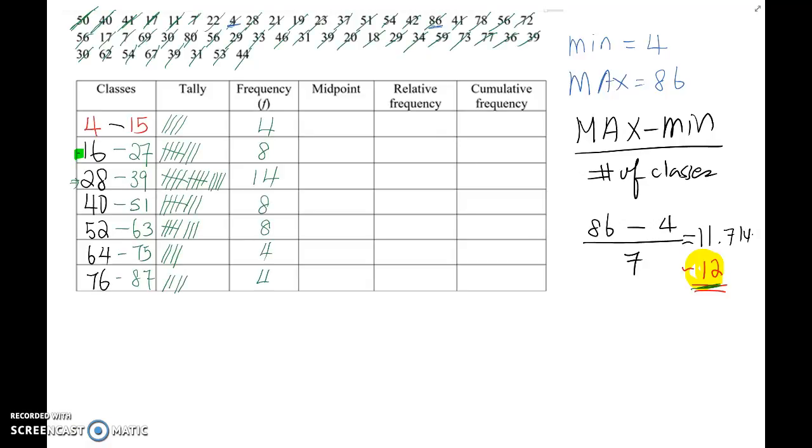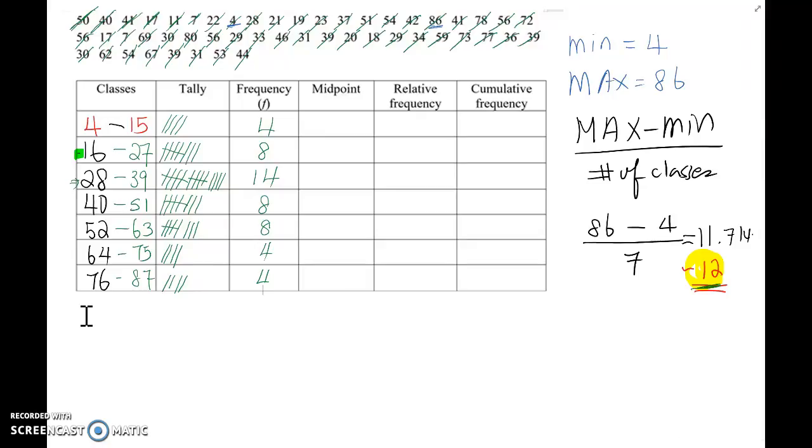If you finish this table on the frequency column, then you will get first class 4 data, second class 8, third class 14, fourth class 8, fifth class 8, sixth class 4, and seventh class 4 data. Then how to find the midpoint? Midpoint is the average between lower limit and upper limit, which means you add these two values and divide by 2.